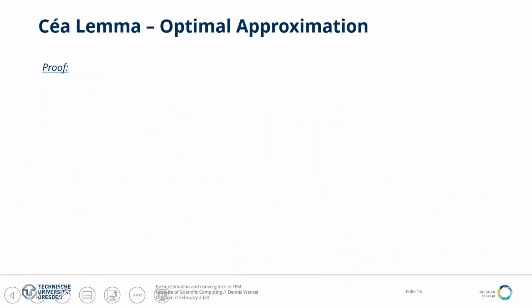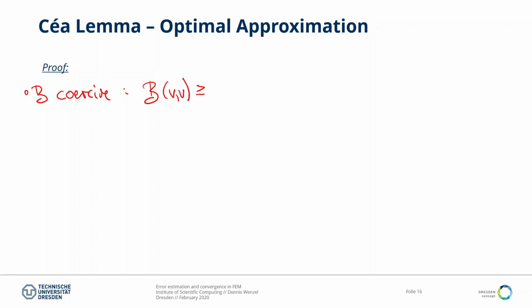And what we additionally need is the prerequisites that B is bounded and coercive. And I want to just for a second write down what this means again. So B is coercive. Coercivity was the bound from below if I'm plugging in the same argument into both components. So B of V and V is bigger or equal some factor alpha times the norm of V squared.